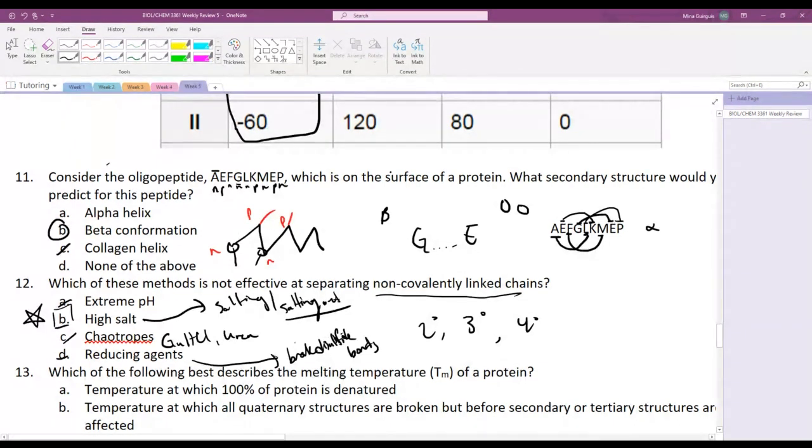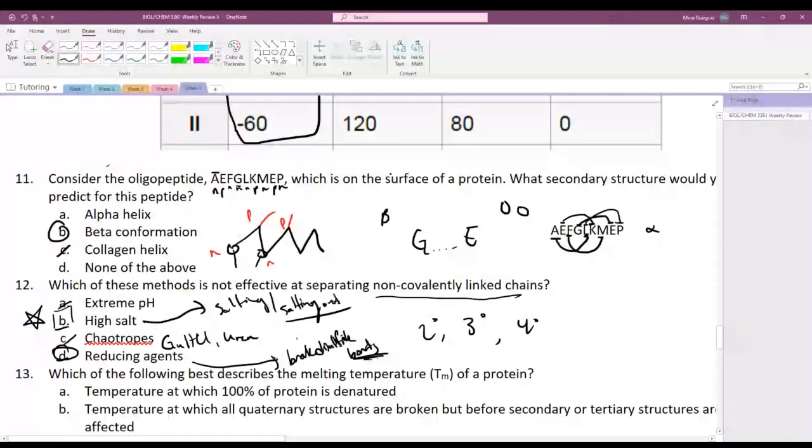So because of that, reducing agents are the formal right answer to this question, because they break covalently linked chains, even though this is a part of protein sequencing. It's just not the part we're looking for.